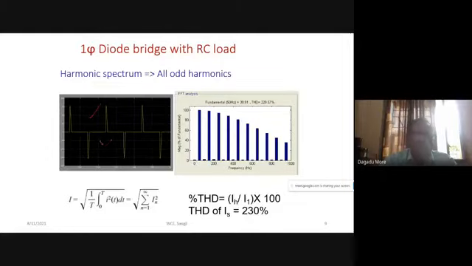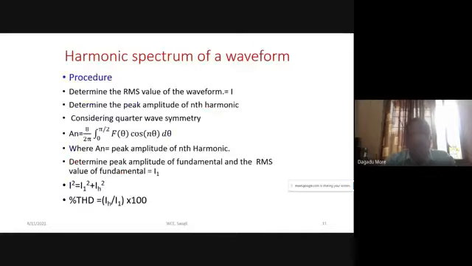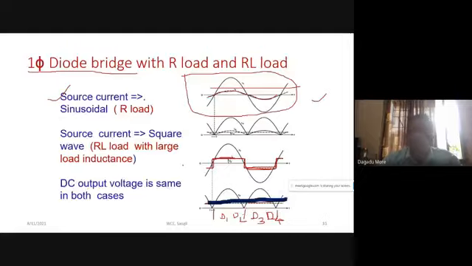And when the load is RL, we can obtain a square wave waveform. Any question, any doubt? Is it clear? Okay. The source current will depend upon the type of load on the single phase diode bridge rectifier.